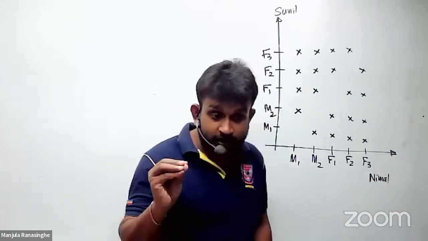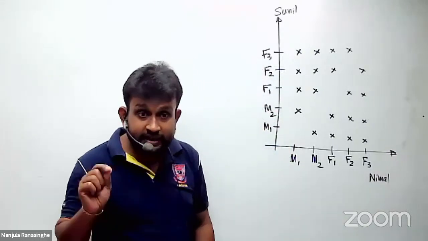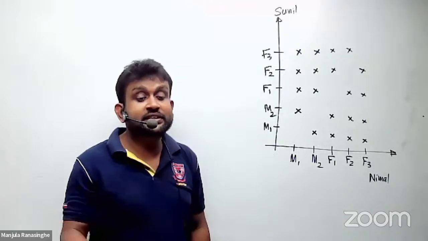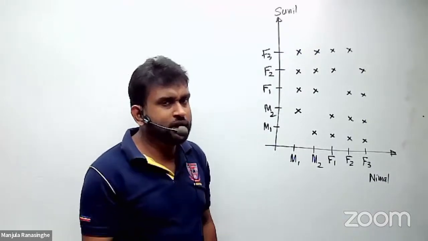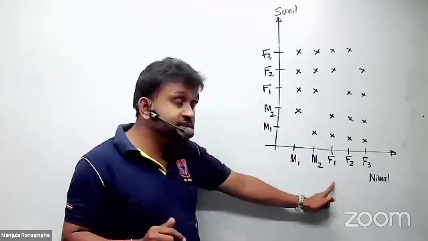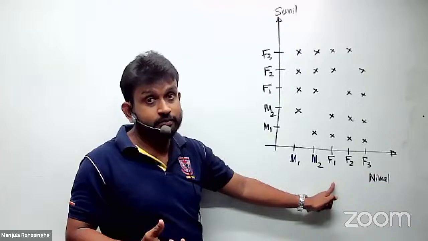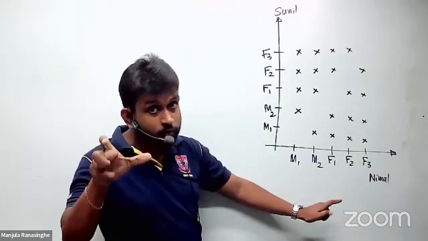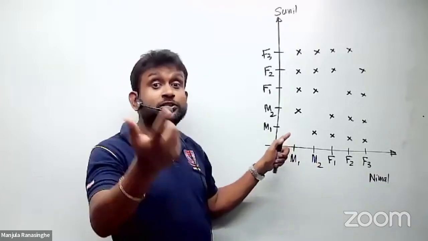Mark the event: one selected animal being a male and the other selected one being a female, right? Here they are not specifically highlighting Nimal's animals or Sunil's animals. That means there are both chances, one to be male and the other to be female.